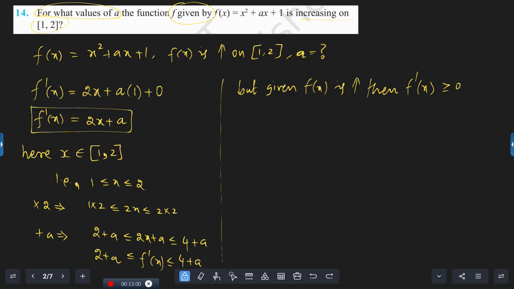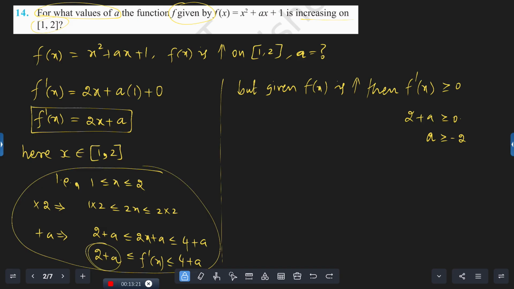So for f'(x), we have 2 + a ≥ 0. Then, taking 2 to the other side, what am I getting? a ≥ -2, so minus 2 and above is the a value. See, this step is only for finding the left side and right side.